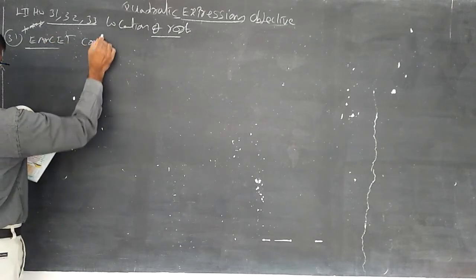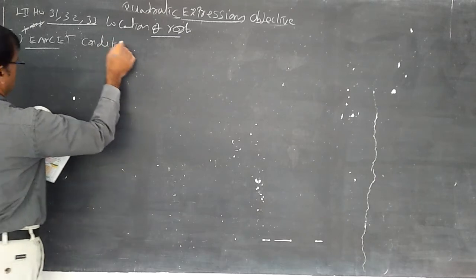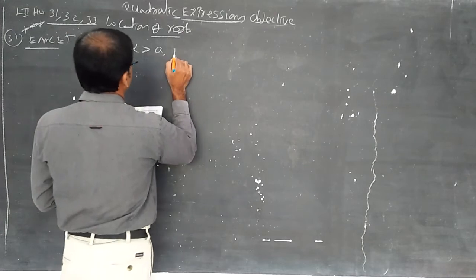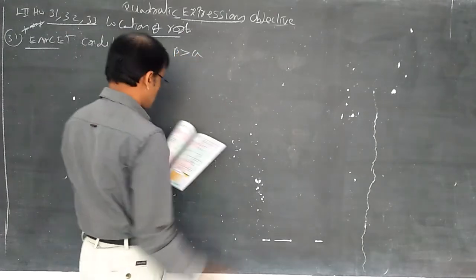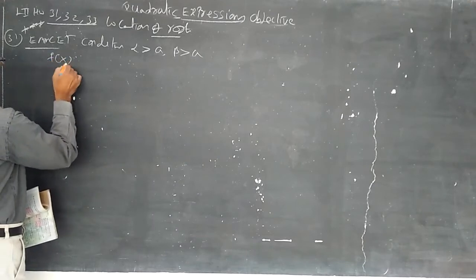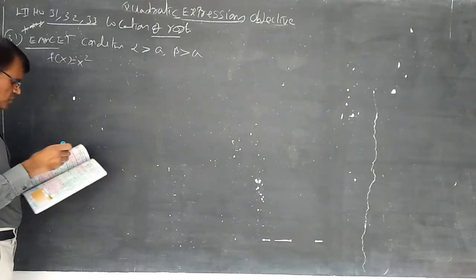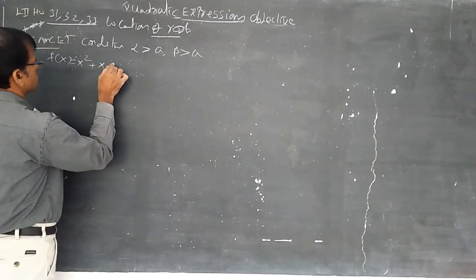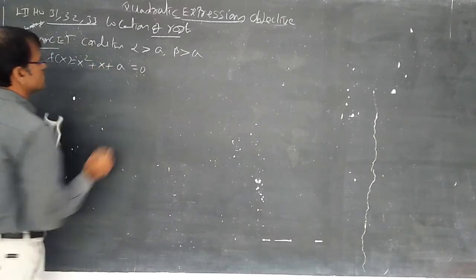Condition: both roots exceed a, that is alpha greater than a and beta greater than a. I am writing f of x as x square plus x plus a, x square plus x plus a equal to 0.